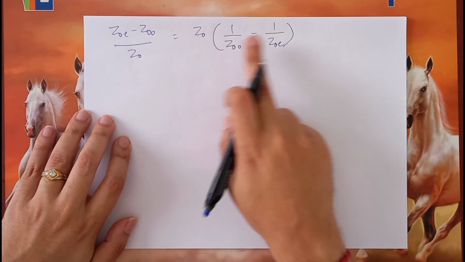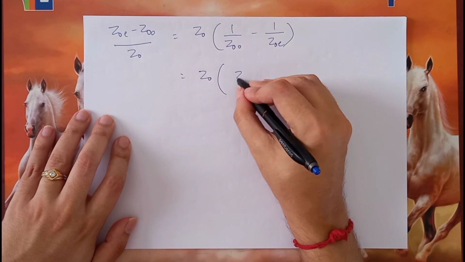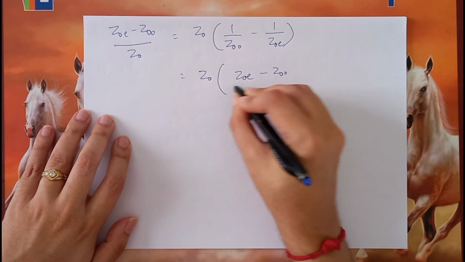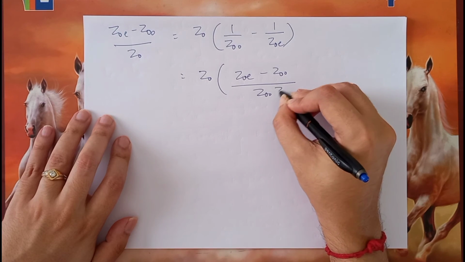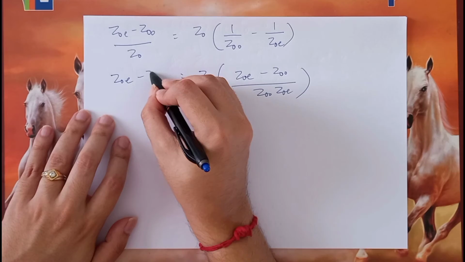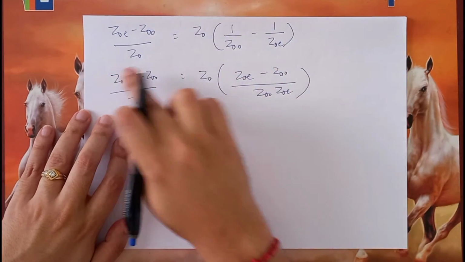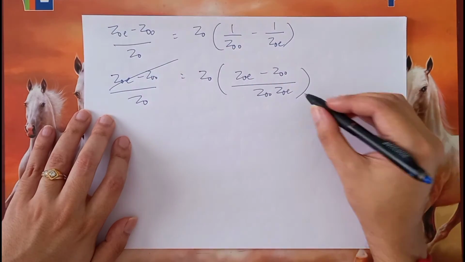So if you now combine the two, you will get Z0e minus Z0o divided by Z0o times Z0e. And this will be equal to the left hand term, Z0e minus Z0o divided by Z0. We can see these two terms are the same, so this entire thing will be cancelled.